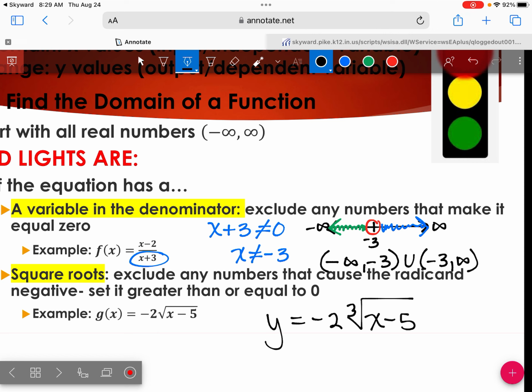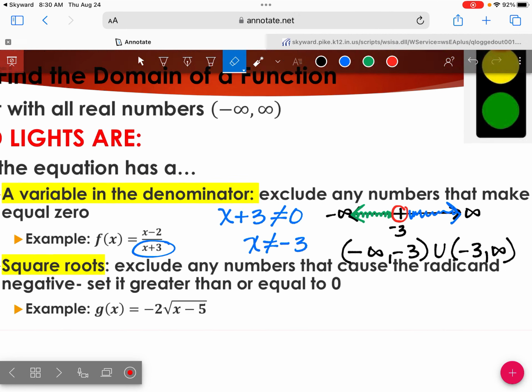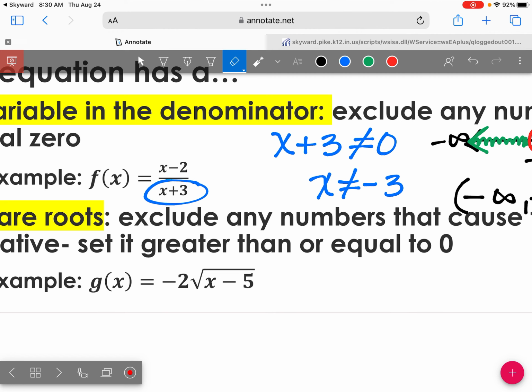It's a square root that is a red light. When you see a square root, we have to set the radicand, which is what's underneath, so this negative 2 goes away. We take this, and it's greater than or equal to 0. Go ahead and solve that inequality and write it in interval notation.